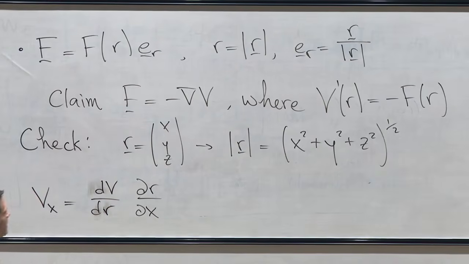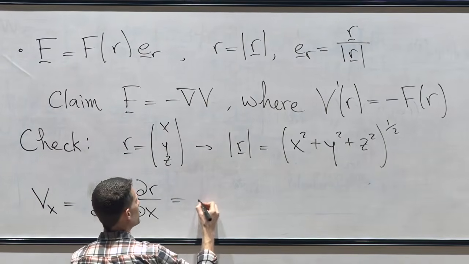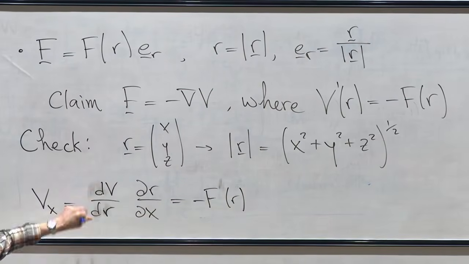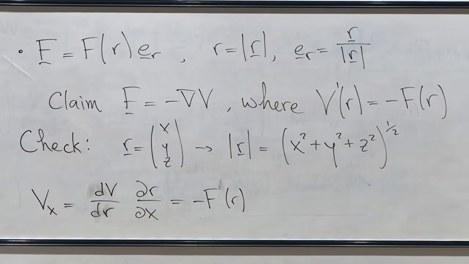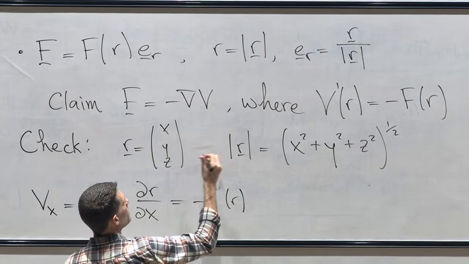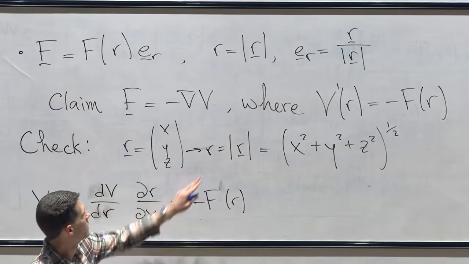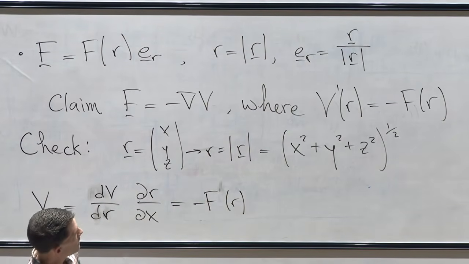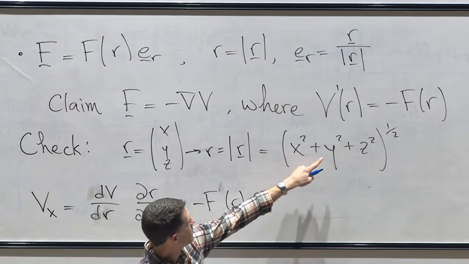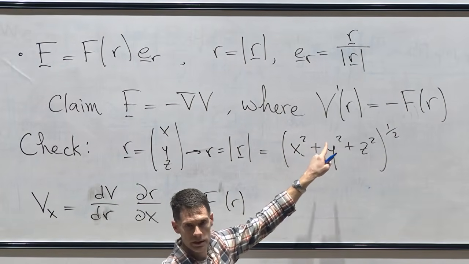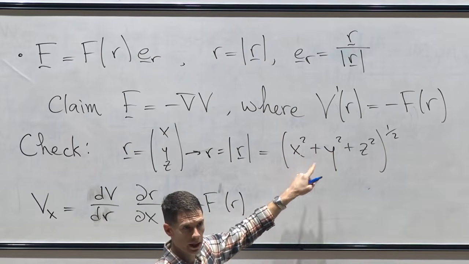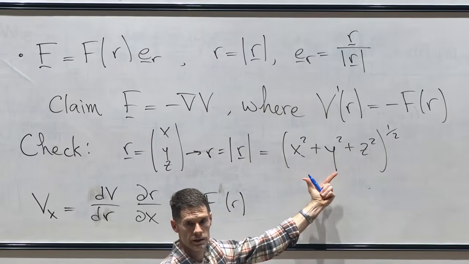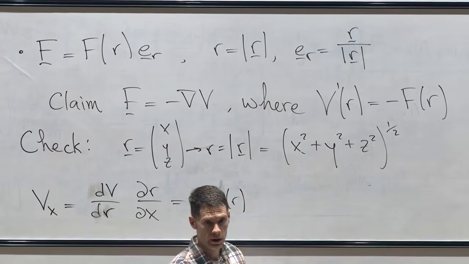So that's minus F of r times dr/dx. And scalar r is the magnitude of vector r, yeah? So if I take d/dx of that, I'm going to get a 1/2, this whole thing to the negative 1/2 times a 2x, so the 2 and the 1/2 cancel, which means I'm left with an x over this square root, which is an x over r itself.